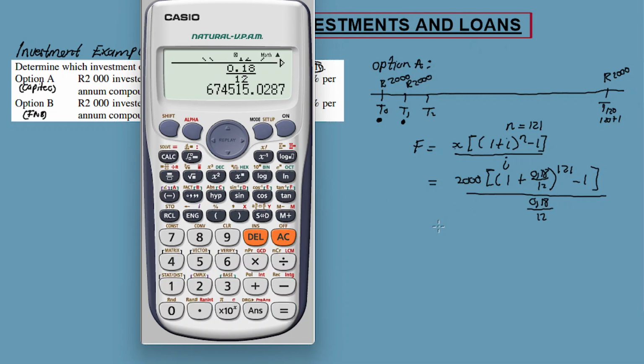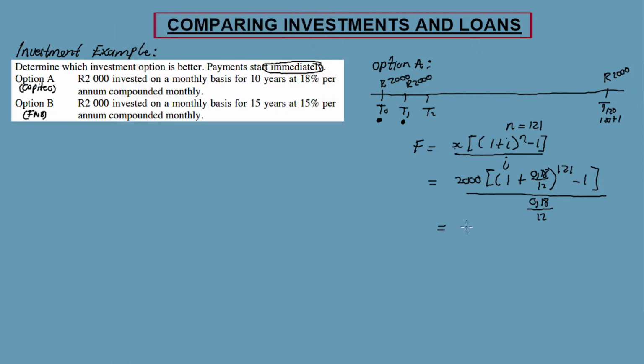So our answer is 674,515.03 cents. This is option A. Option B.